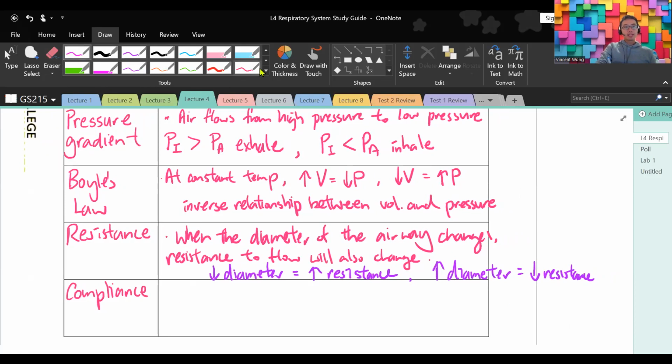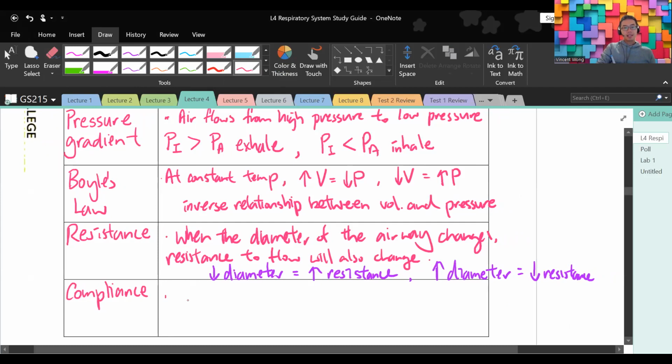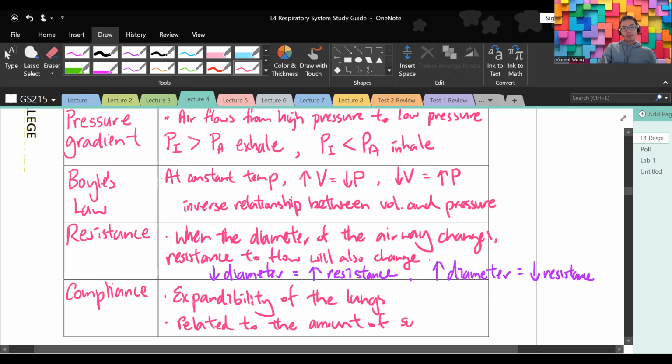The last point is compliance. Compliance is the expandability of the lungs, and this is related to the amount of surfactant.